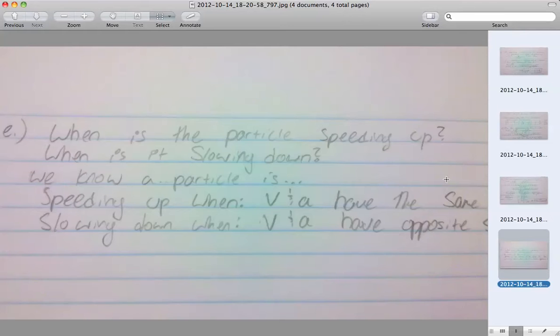So from that, we can determine that the particle is speeding up when t is greater than 1 and less than root 3, and it's slowing down when t is greater than 0 and less than 1, and also when t is greater than root 3. So basically we just find when the acceleration is positive and when the velocity is positive, and we can match them up and solve from there.